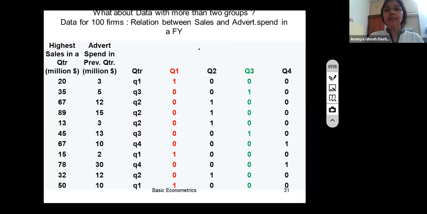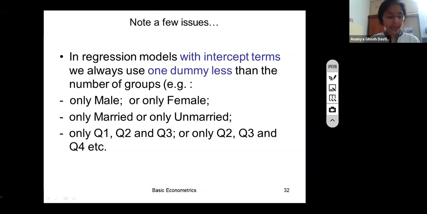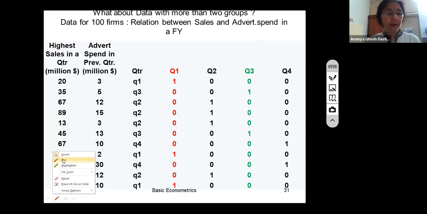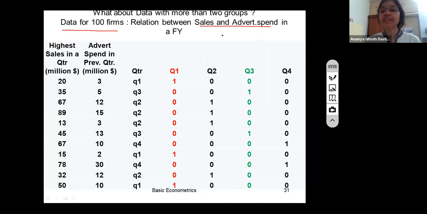Now, sometimes you can have data with more than one group. So in this data set, I am looking at some data on sales for 100 firms, with the relation between sales and advertisement expenditure. So my dependent variable is sales, and advertisement expenditure is the X variable.